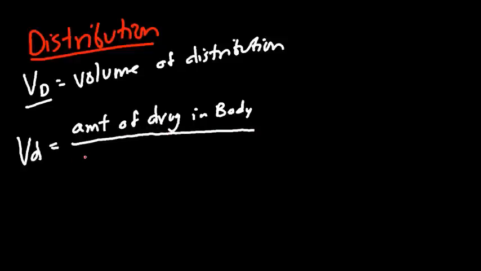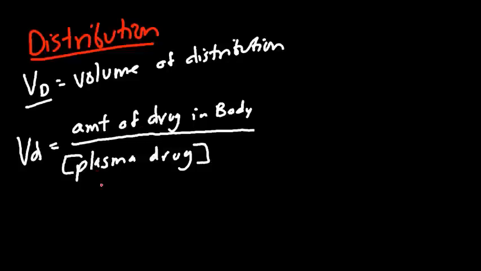And then it's going to be divided by the plasma drug concentration, and that's my shorthand for concentration. So it's the plasma drug concentration, the amount of drug in the plasma. So we have the amount of drug in the body divided by the amount of drug in the plasma.